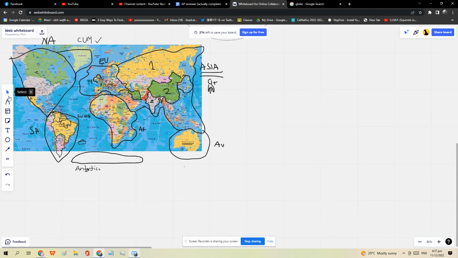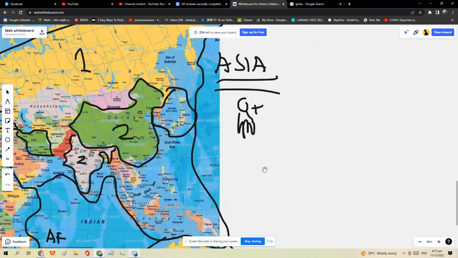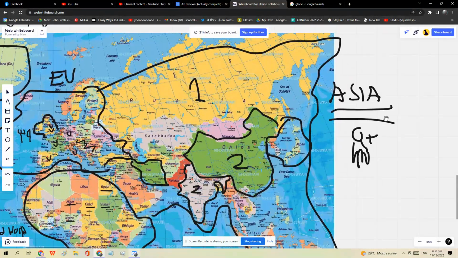Okay, now here are the seven continents. Let's start. Asia has many people. Asia contains the area with the largest landmass, which is Russia, and then they have two of the most populated countries in the world, which are China and India.